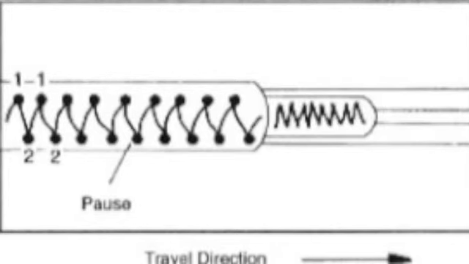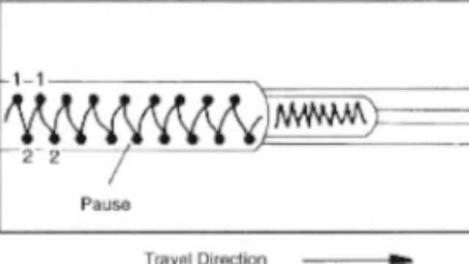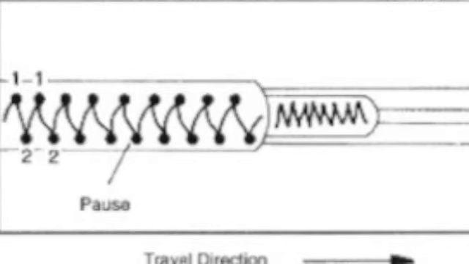So the same factors play in here: travel angle, work angle, travel speed, and arc length. And you've also got your two factors: consistency of your crescent moons and how fast you're moving between those pauses, if you pause. You're going to have to get your heat settings set right with your MIG machine, with your wire welder.